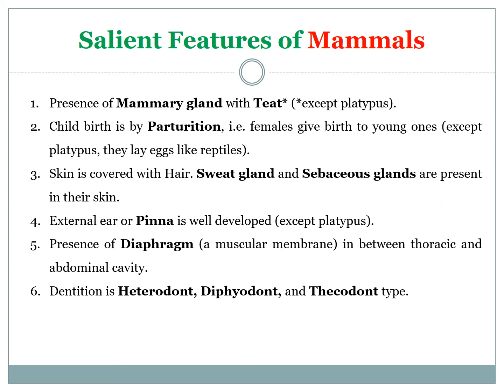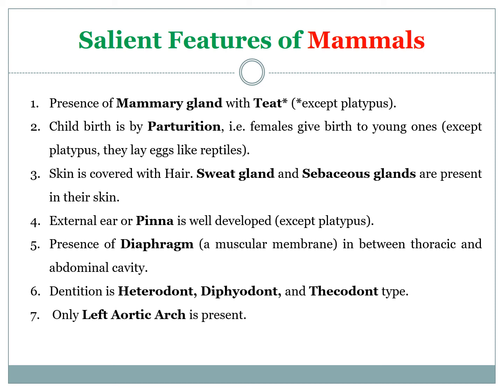Diphyodont means mammals grow their teeth 2 times in their life. At the young age, the first teeth which arise are commonly called milk teeth, which normally fall off at maturity, and then they have a new set of permanent teeth. Thecodont means the teeth of mammals remain deeply rooted in the gum bone.